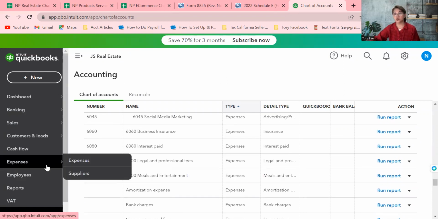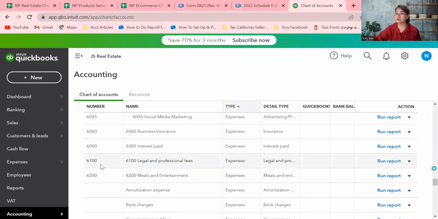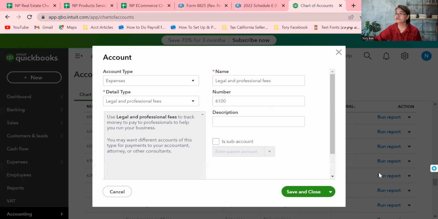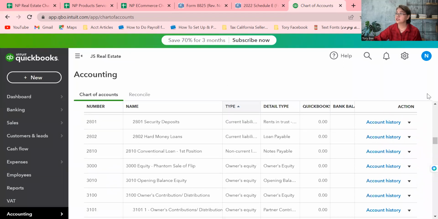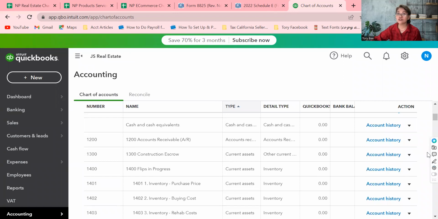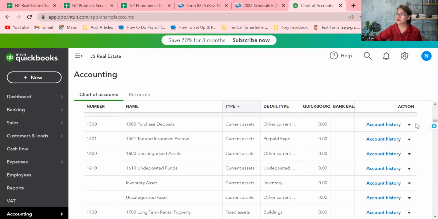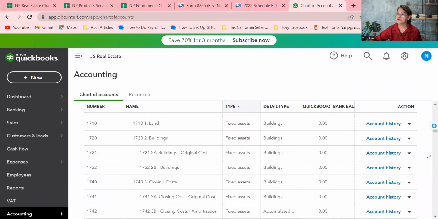See, it's easier to locate if you have the account number. So let's edit it. No, I'm wrong, we will make a new one. We will not edit because that was a success. I'm sorry.